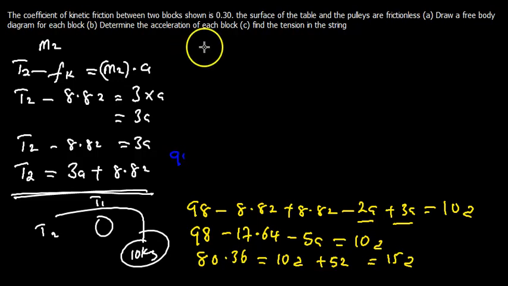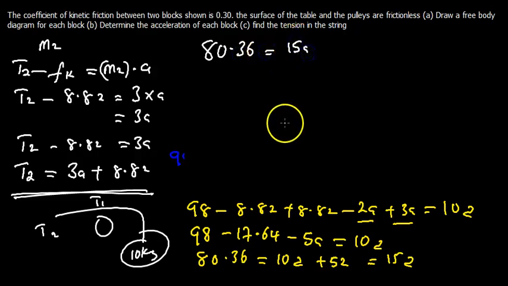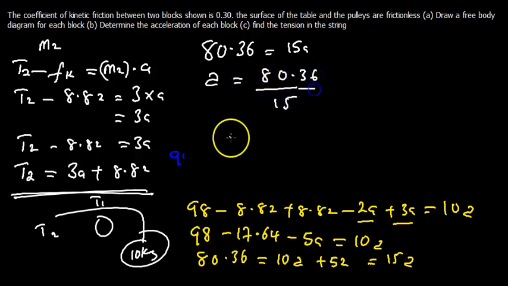Therefore, we're going to have 80.36, which is going to be 15a. So a is the acceleration, and our final answer is going to be 80.36 divided by 15, and your acceleration is simply going to be 5.36 in meters per second squared.